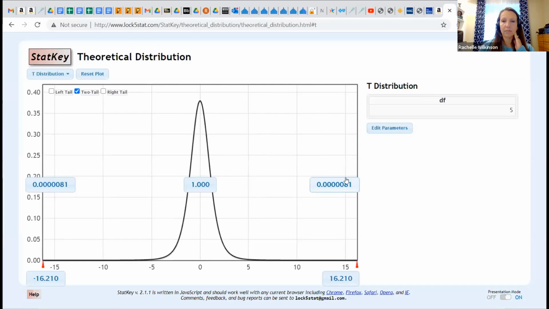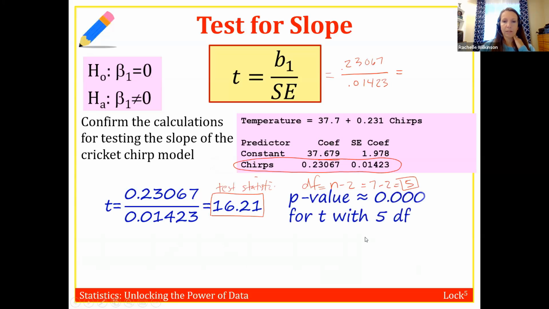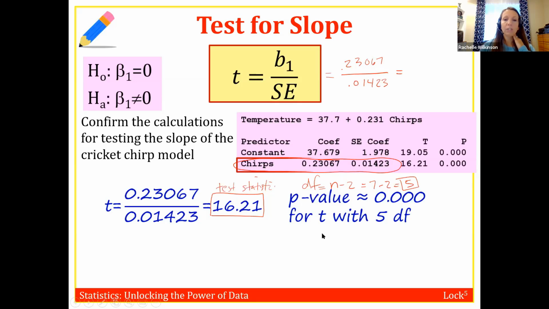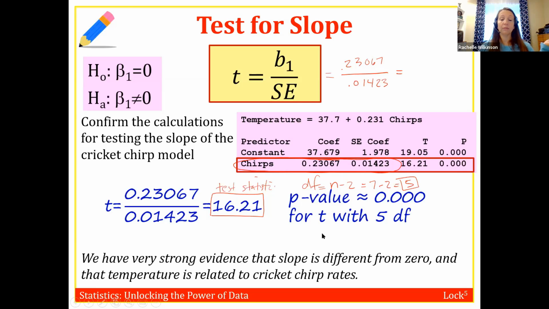Then I would multiply this floating box by 2, or add those two outside floating boxes together, which you can see even when you add them together, you basically get something very, very close to 0, 0.0000, and then it would be 162 if you doubled it. So our p-value is essentially 0, which means that we have really strong evidence that the slope is different from 0, and that temperature is related to the cricket chirp rates. All right, so that's how we're going to do a hypothesis test for our slope.